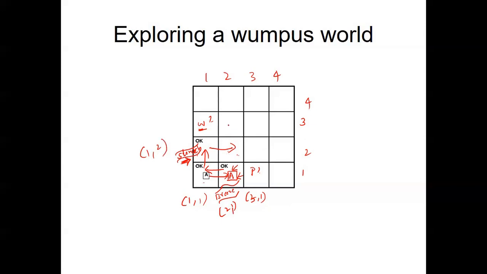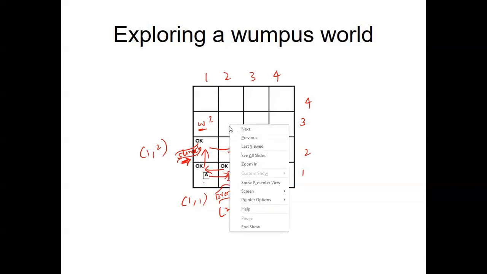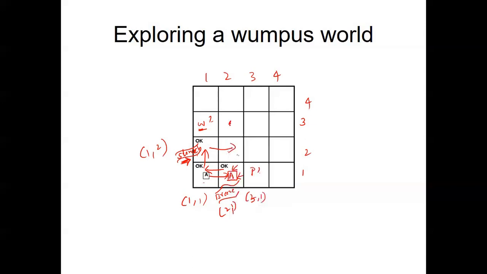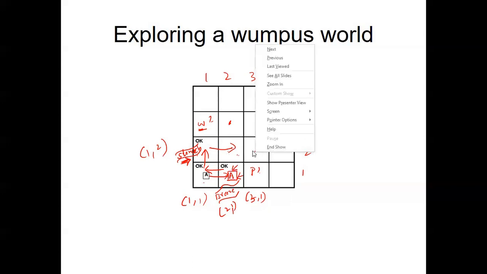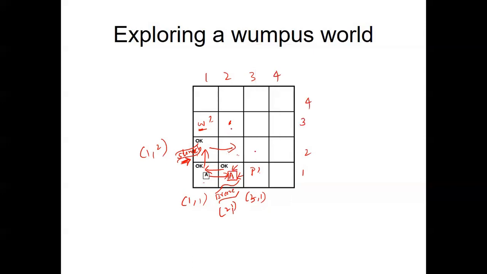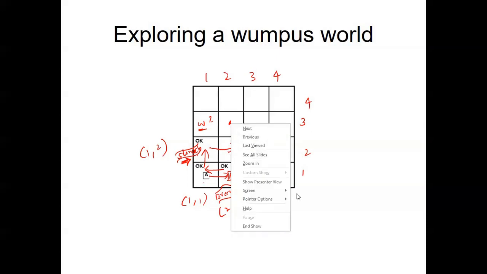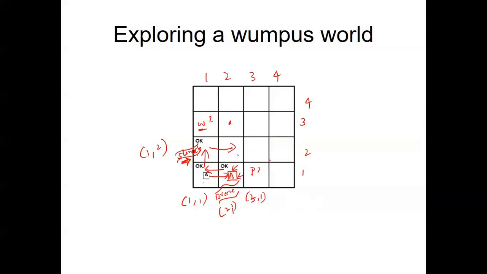Sorry, this is 2 comma 3. The agent can go to either 2 comma 3 or 3 comma 2. So these are the two possibilities, right?